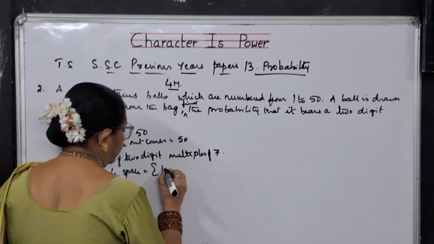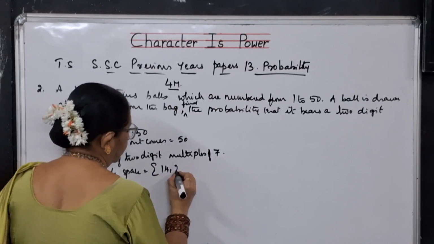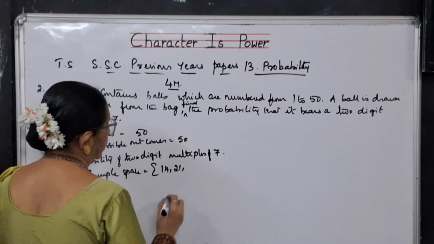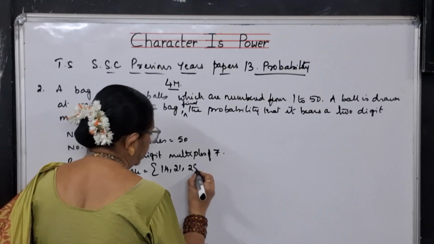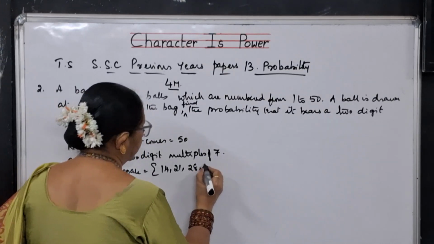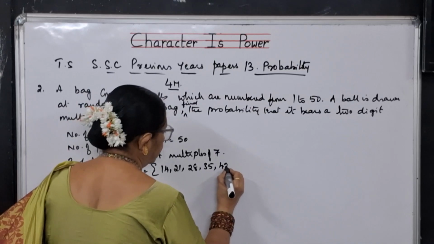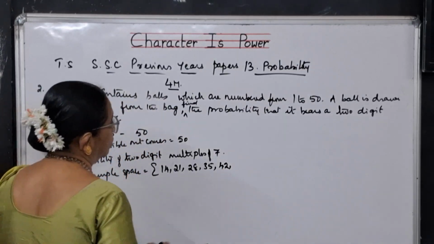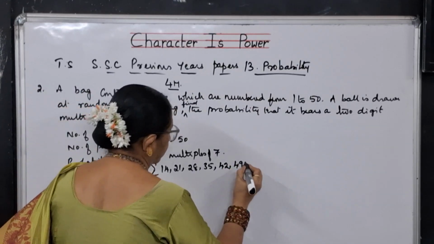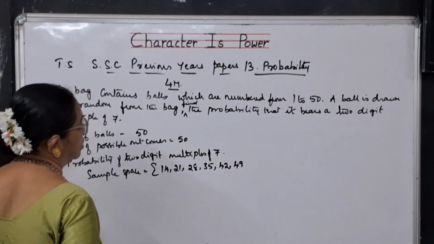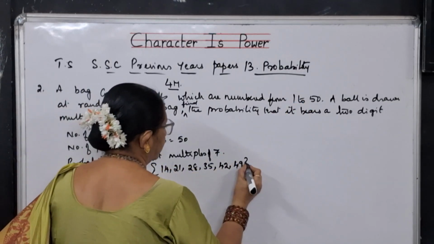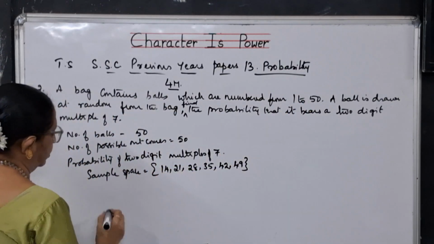Then 7 twos are 14, 7 threes are 21, 7 fours are 28, 7 fives are 35, 7 sixes are 42, 7 sevens are 49. That's all. 7 eights are 56, which is more than 50. So you can write only up to this.